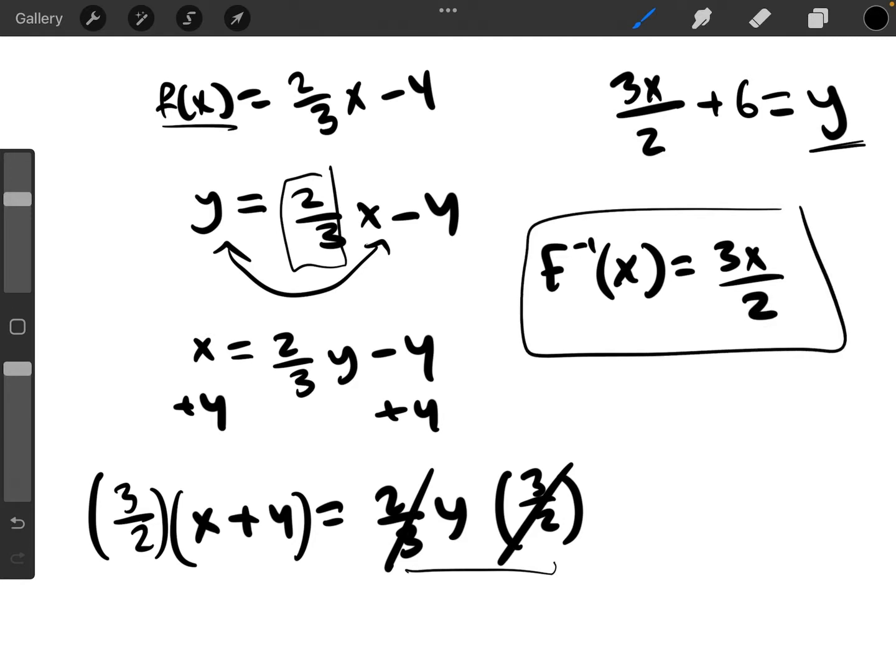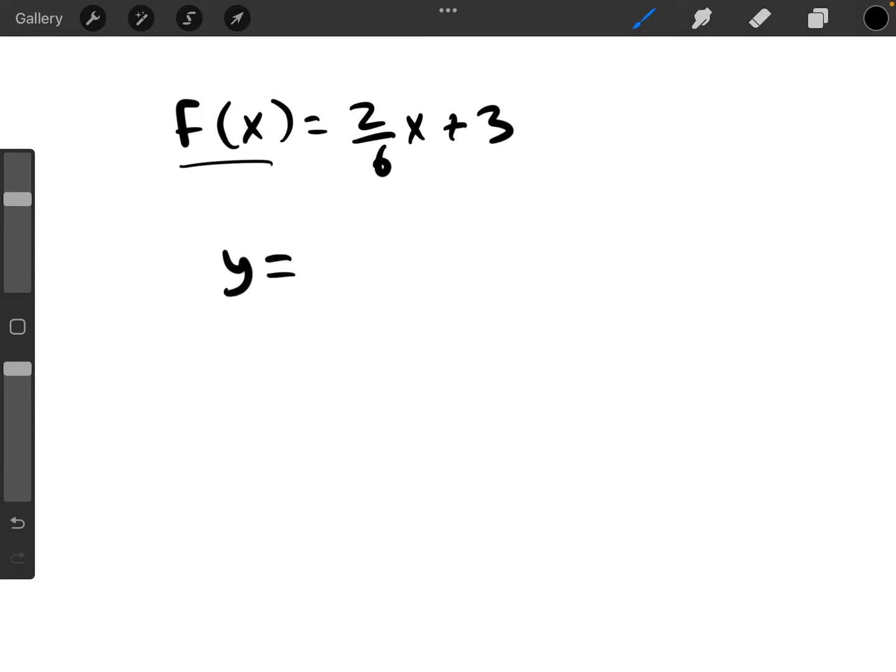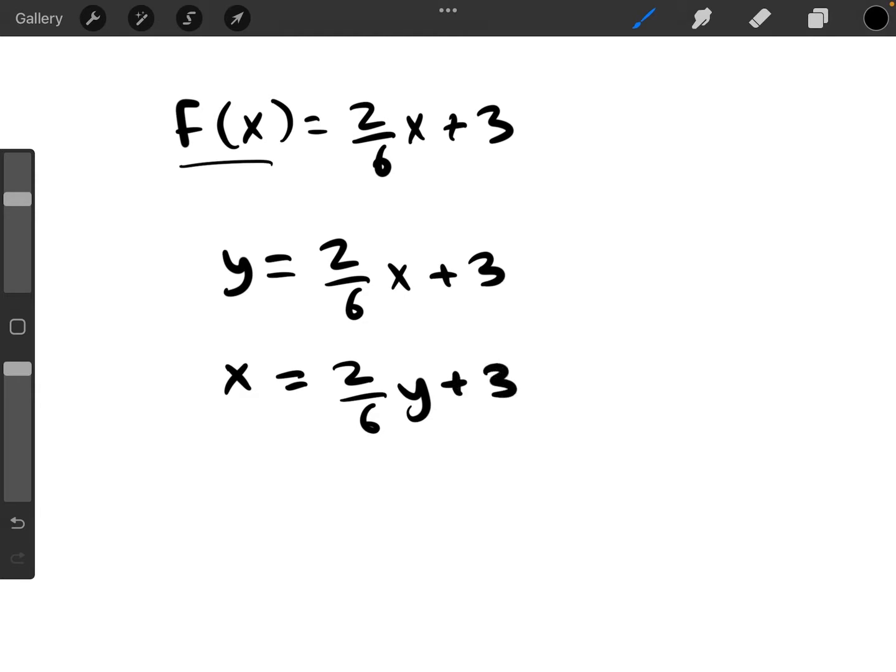Try to solve this on your own. Refer back to the previous one if needed. Okay, remember, first step is to turn f of x into y. You switch out the variables. And by that step, you need to have y by itself.